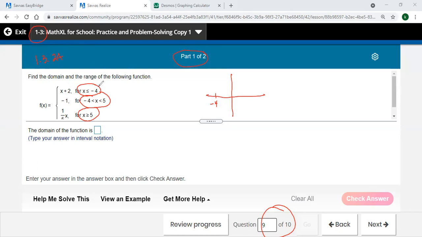So the way I like to do these is if I put this -4 in for that X, when X is -4, what would Y be? Remember, this is like Y. -4 plus 2 is -2, right? So at -4, I'd be down here at -2.